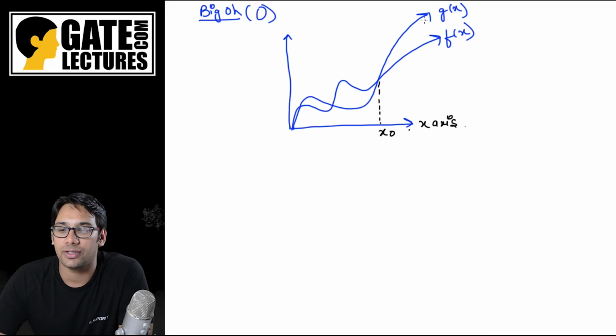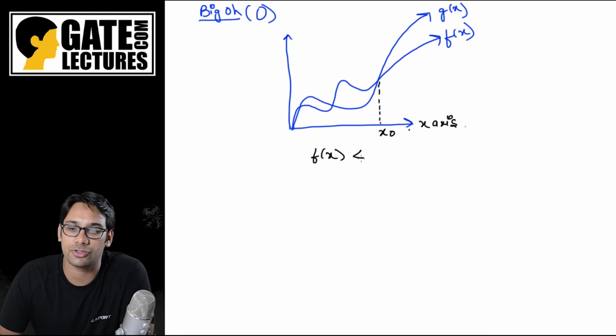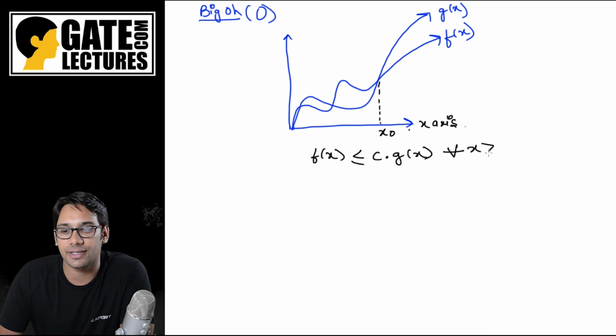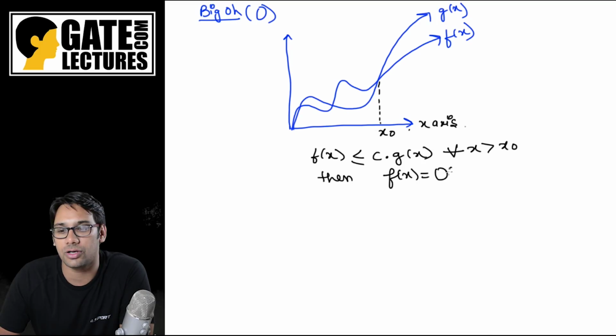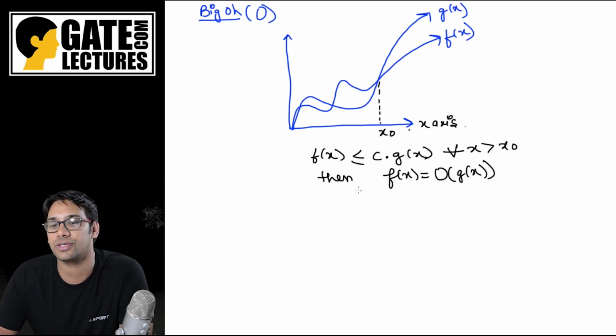More precisely, we generally write it as c times g(x).